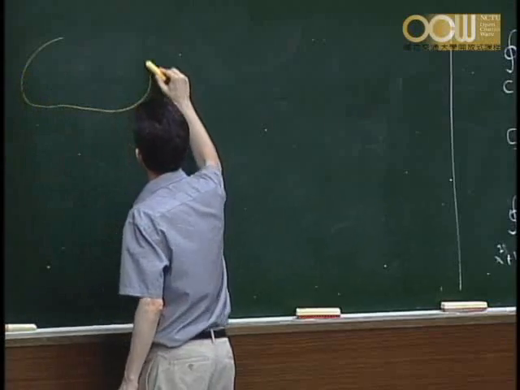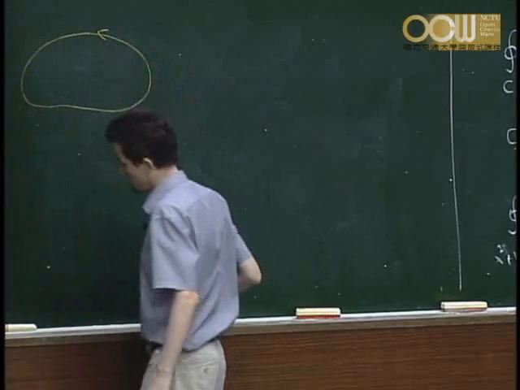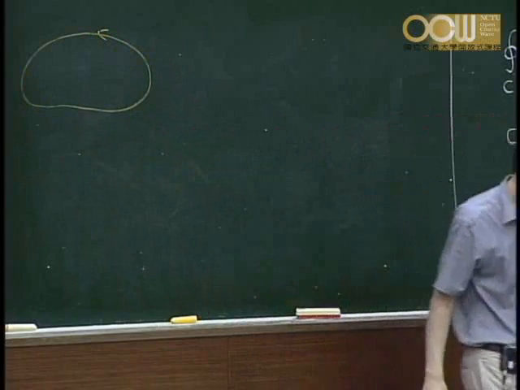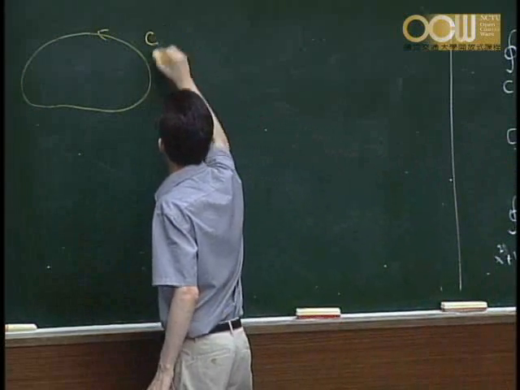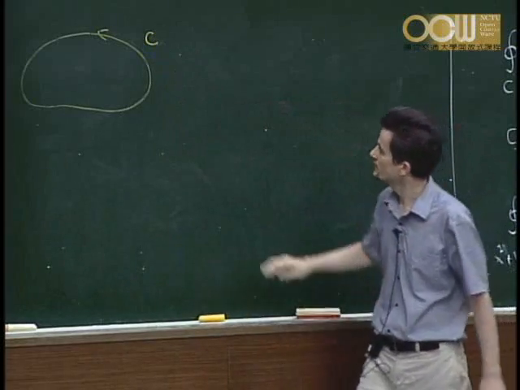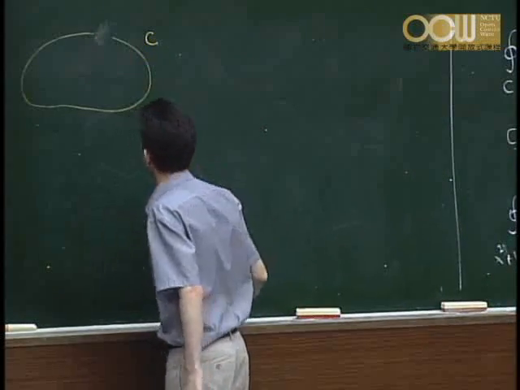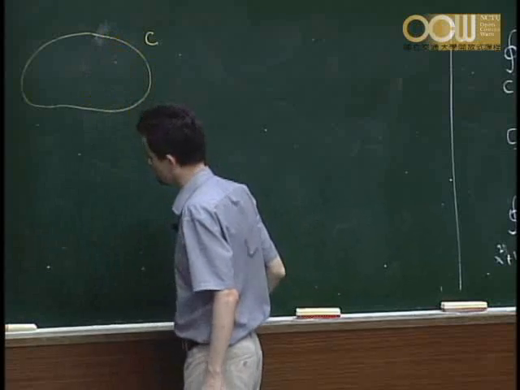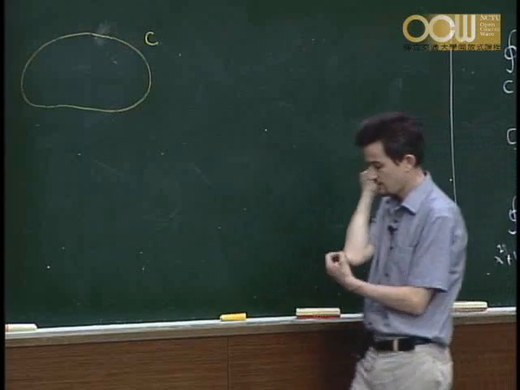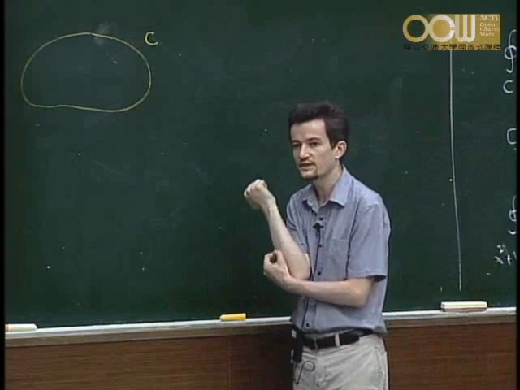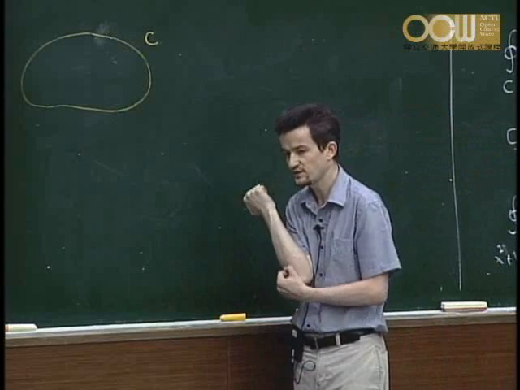Normally the orientation which we choose is as follows. If you have a given closed simple space curve C, let's say without any orientation, we will identify two orientations, positive and negative.